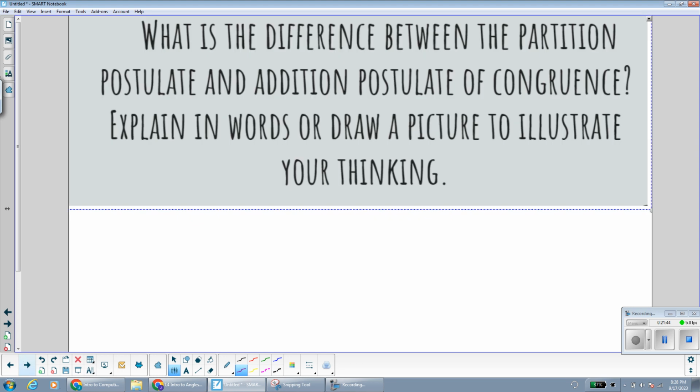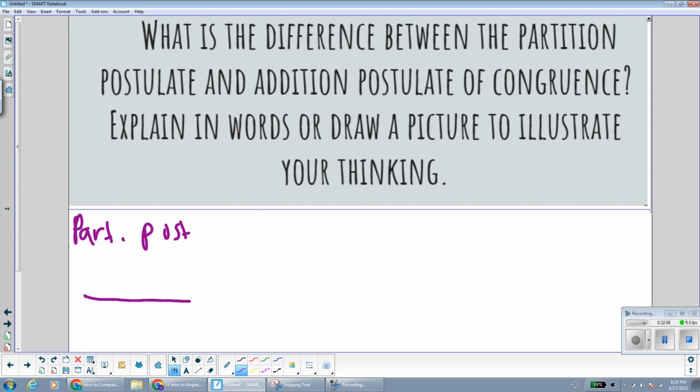We're going to end here with what is the difference between the partition postulate and the addition postulate of congruence. You might want to pause the video so you can think about that question for a minute. So the partition postulate, and I'll just abbreviate that, says that the sum of the parts equals the whole.